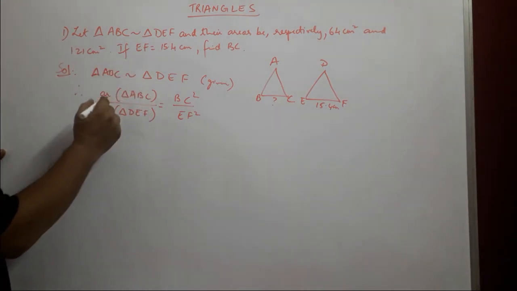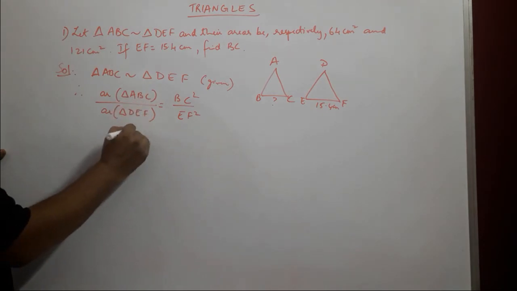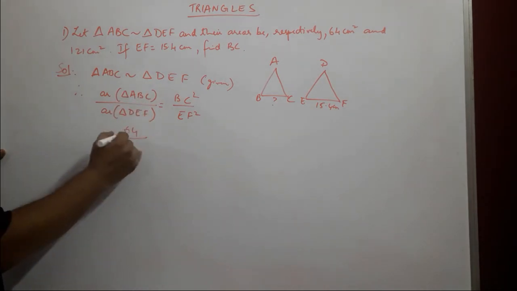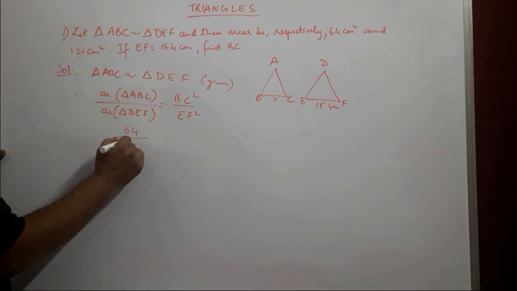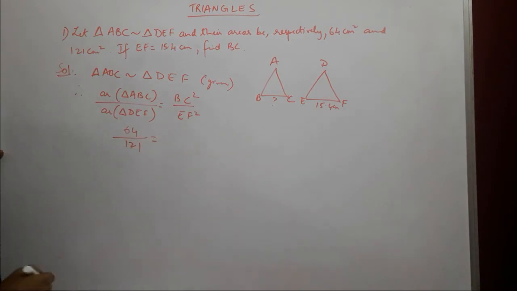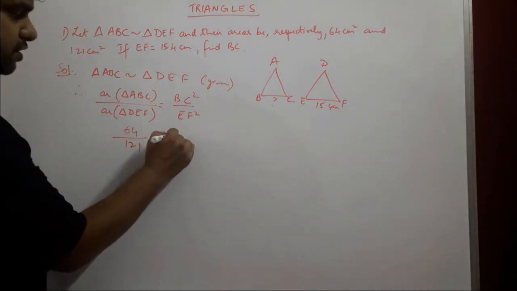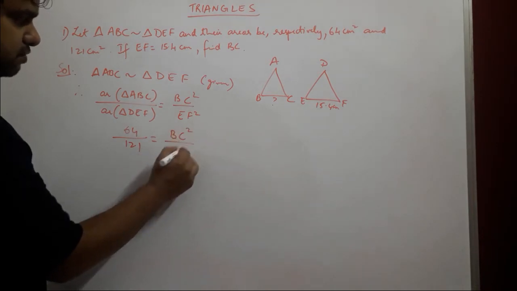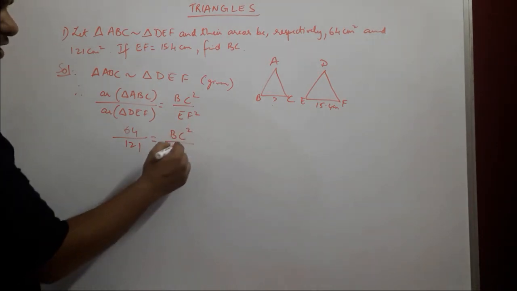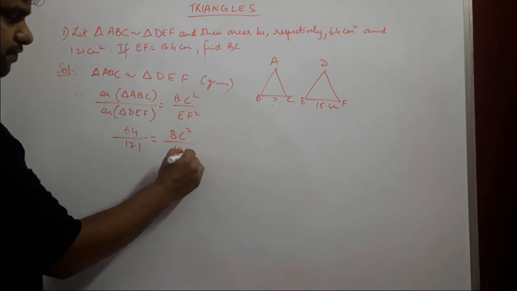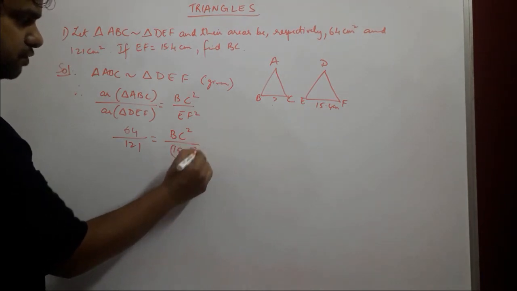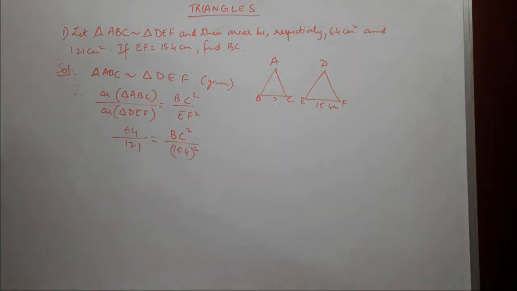Area of ABC is 64 square centimeters and area of triangle DEF is 121 square centimeters. BC square, we have not been given BC, so we don't know it. EF has been given as 15.4, so we'll write 15.4 squared because it is EF square.